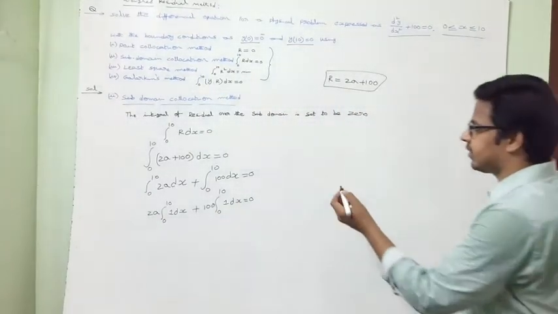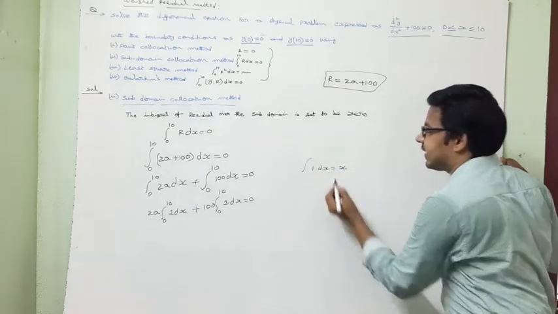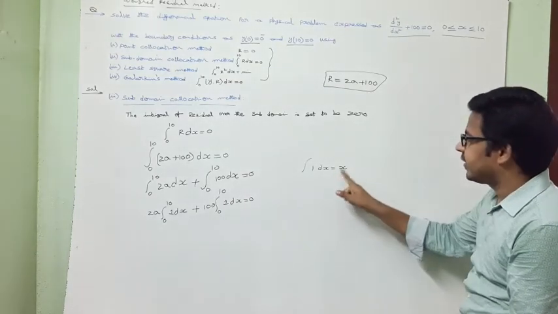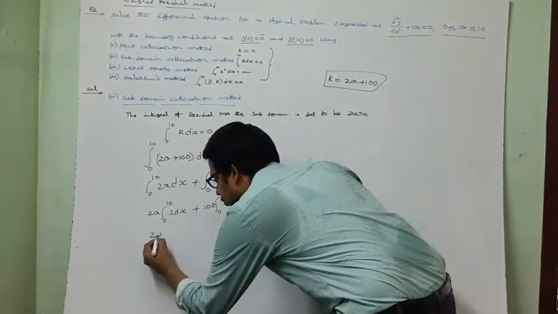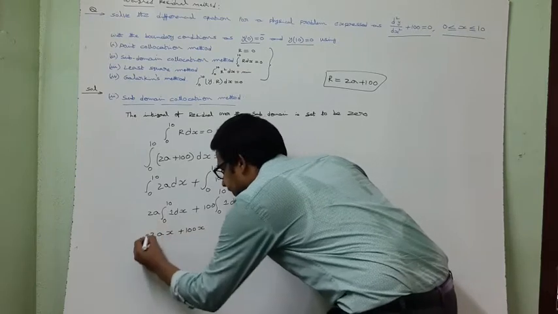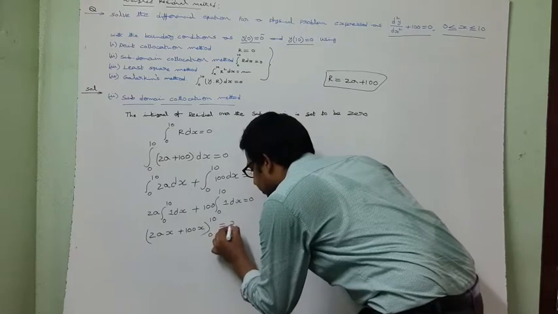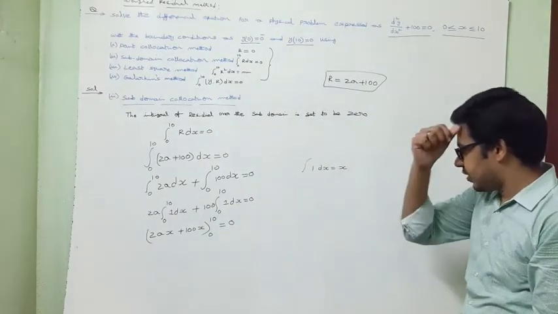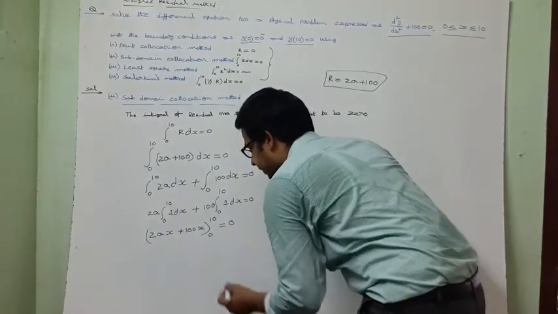Here the integral of 1 dx is equal to x. Substituting this, we get 2a into x plus 100 into x with the limits of 0 to 10, equal to 0. We substitute upper limit minus lower limit.